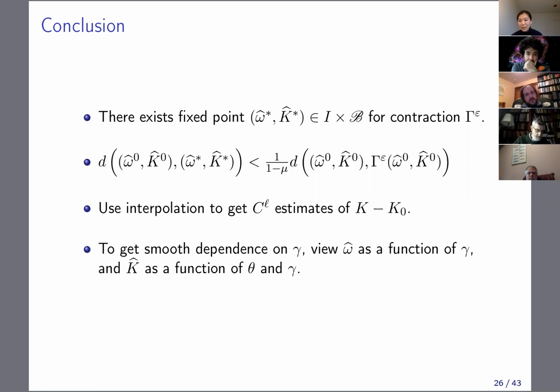And if we choose the initial guess for omega hat and K hat as omega hat 0 and K hat 0, then based on the contraction argument, we know that if the first iteration is close by, then the fixed point will also be close to the initial guess. And this will provide us the a posteriori estimates.